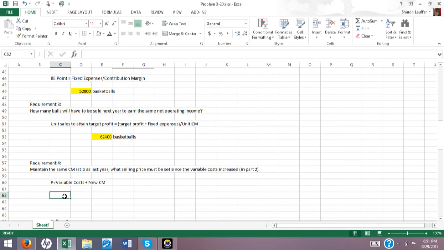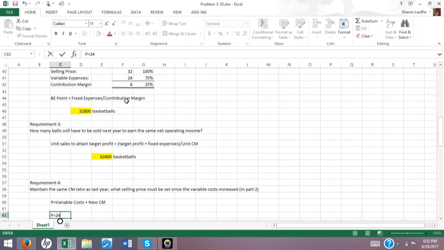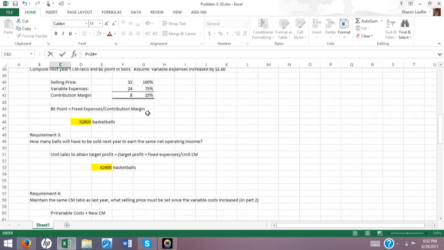I'm going to type this out. Our P is going to equal our variable cost, which is $24. That came from up here in part 2 when we had that increase in cost. And then we're going to add to that our new contribution margin.